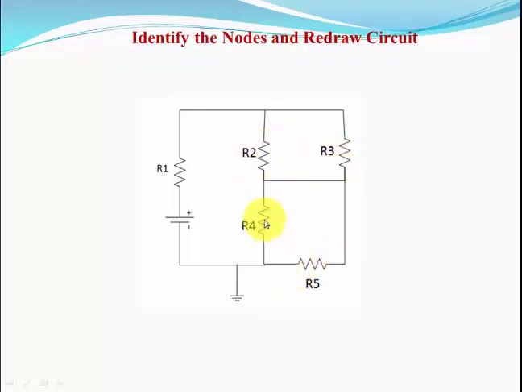Also look at those two. They share this node and another node here. This is a node. This is another node. So R4 and R5 are actually also in parallel. So if we re-sketch the circuit, it will be easier to see.